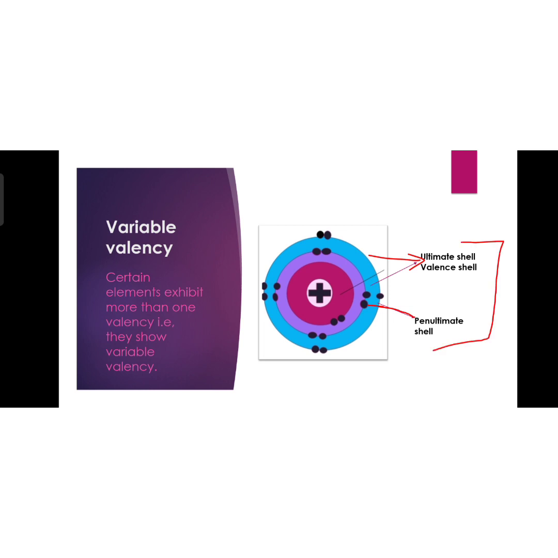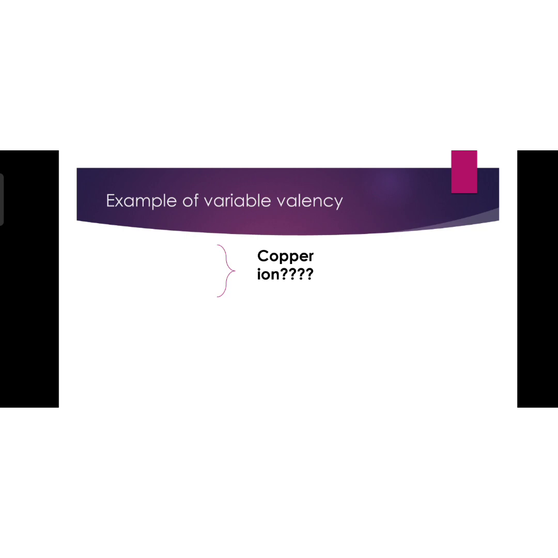When they do that, they can exhibit more than one valency and so they are known as variable valency elements. Let's take an example of variable valencies. Copper shows two valencies, that is plus 1 and plus 2. The plus 1 and plus 2 valencies can also be shown in Roman numerals.